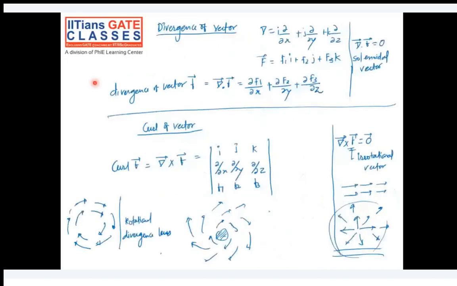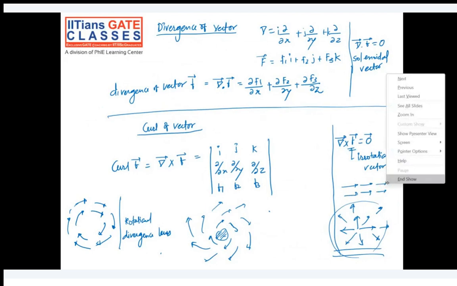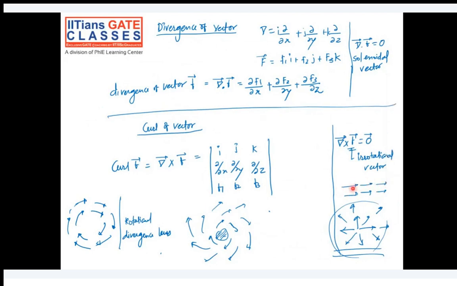But if they make some angle, then you will end up with a sine component. That's why we use the cross product for the curl. I hope you got some idea about it.